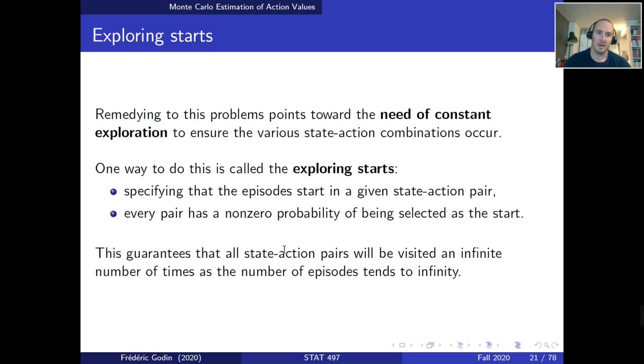Again, this is theoretical because you never have an infinite number of paths. But you can show that if all state action pairs have a non-zero probability for the first stage of the episode, then you're sure at some point to simulate them if you continue simulating episodes.